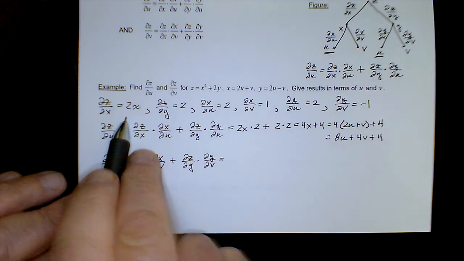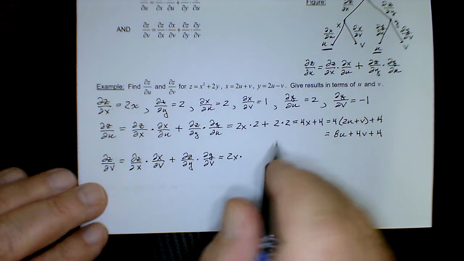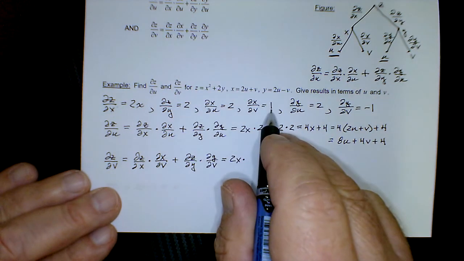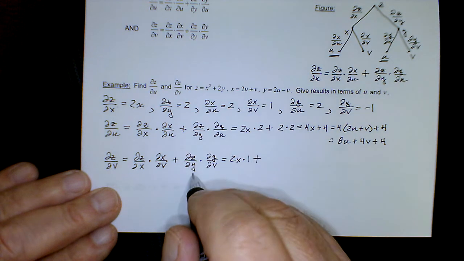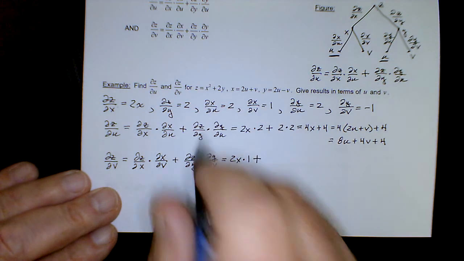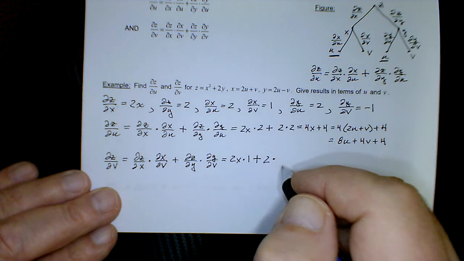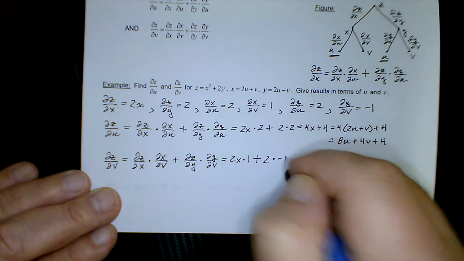So going back up here, got the 2x again, times, now the partial of x with respect to v was this 1 right here, and then plus partial of z with respect to y was this 2, and then times partial y with respect to v was the -1.